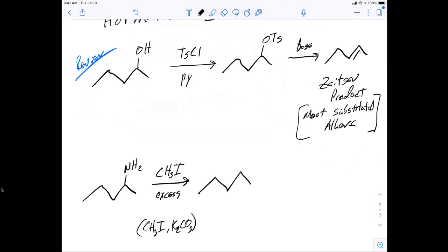That's going to fully alkylate. So remember we talked last time about the fact that alkylation of amines, every time you add a carbon, it makes the next carbon easier to add, right? So it'll continue to do that. So we end up with this quaternary salt.